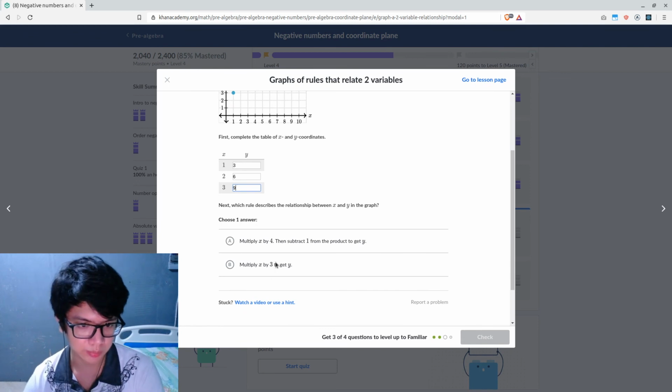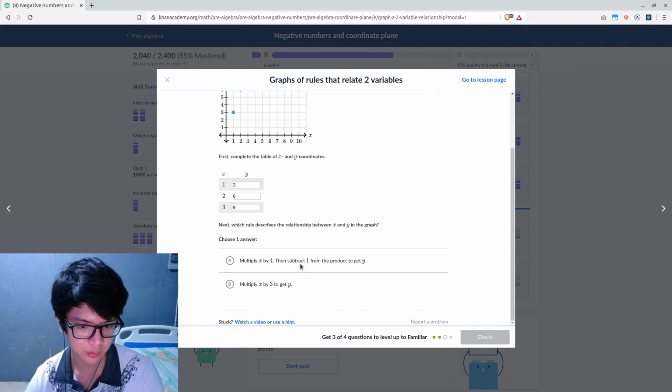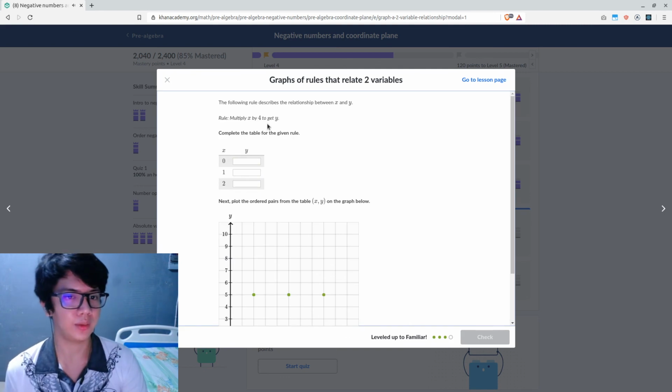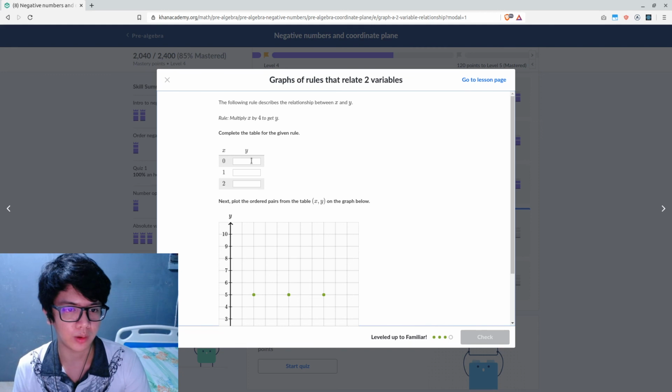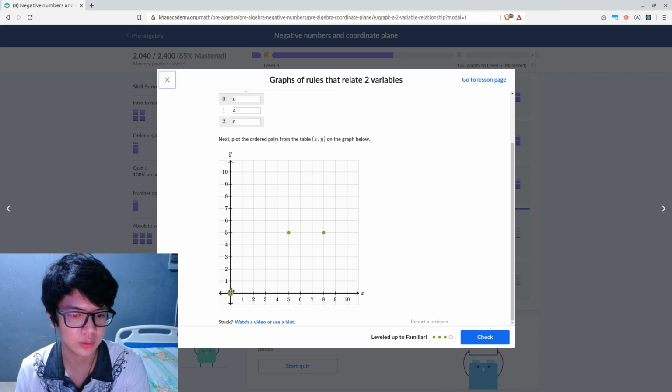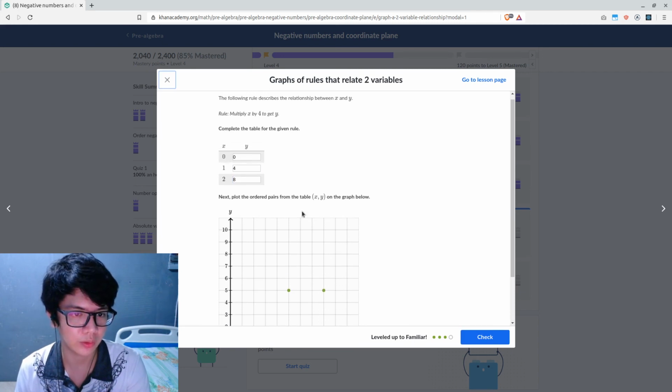Multiply x by 3. Multiply x by 4 to get y. 0, 4, 8. Multiply x by 4, right?